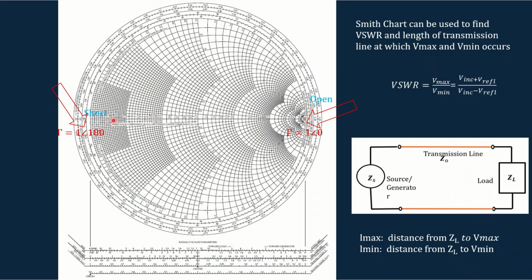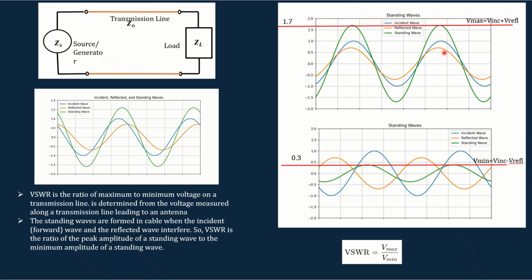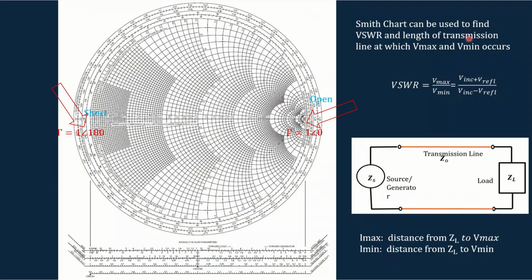So at this short position, as the incident and reflected waves have 180° phase difference, this position becomes V minimum. At the open position, the phase is 0°. This means that the incident and reflected waves have the same phase, so here we can expect V maximum.